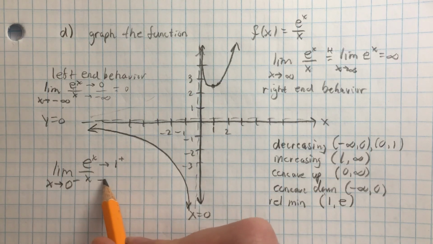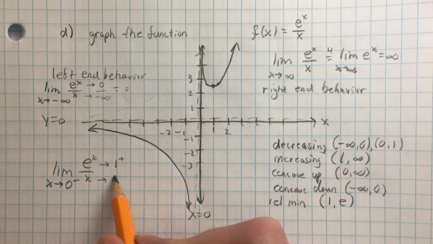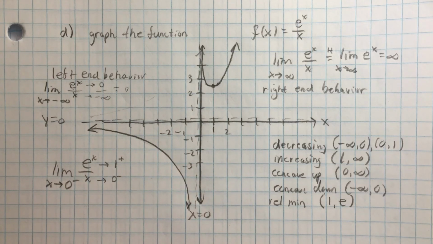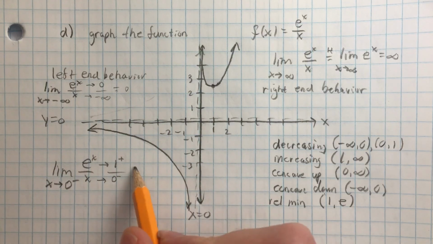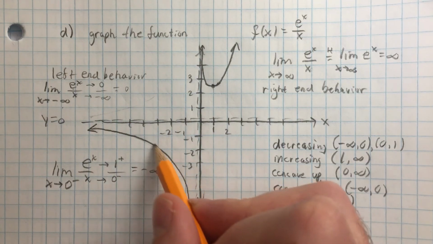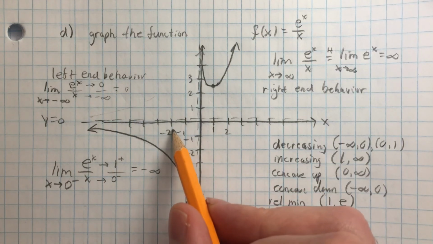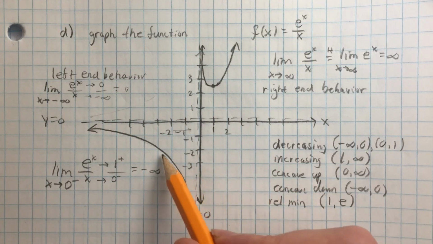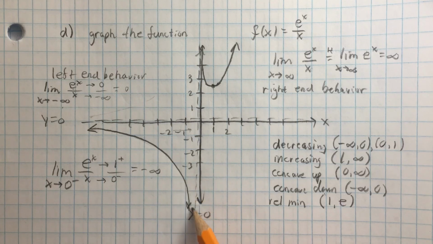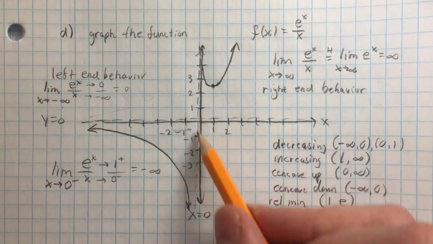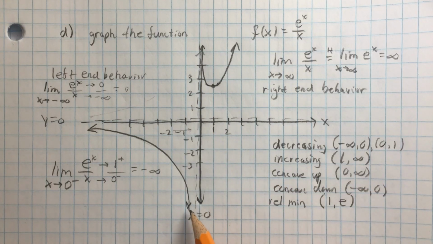But the bottom's approaching 0 and is always negative. So therefore that ratio should be negative infinity, which is exactly what we see here. As x gets closer and closer to 0 from the left, our function picture is approaching negative infinity. It's approaching its vertical asymptote downwards. Okay? So there's the graph of this function using everything we learned from the previous 3 parts of this question.